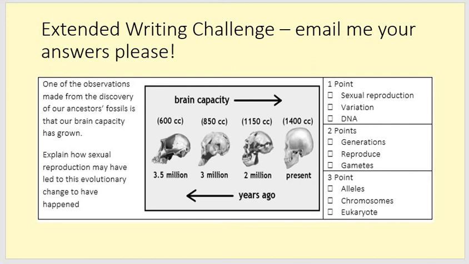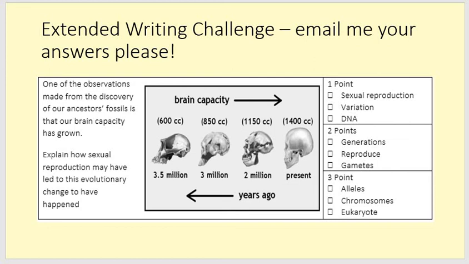So generations, reproduce, and gametes. 3 words, 2 points each. That's another 6. So that's 9 points available already. The last box, so they are the big scorers. Alleles, chromosomes, eukaryote. 3 points each. That's another 9. So there's a maximum 18 points if you use all the words that are in the boxes in your answer correctly.